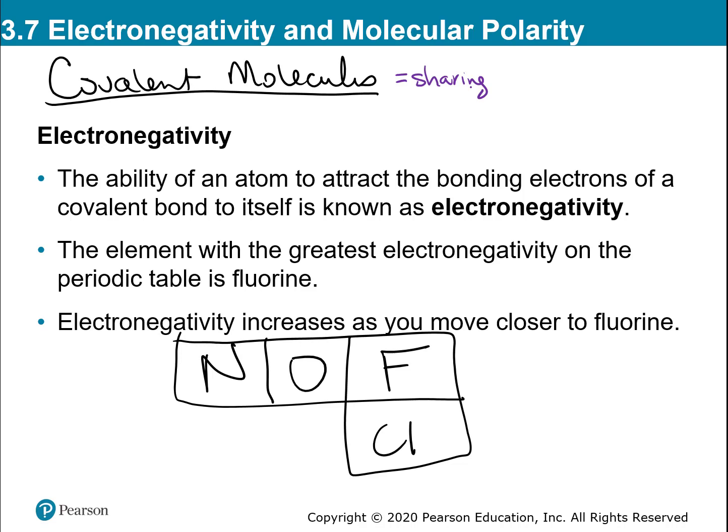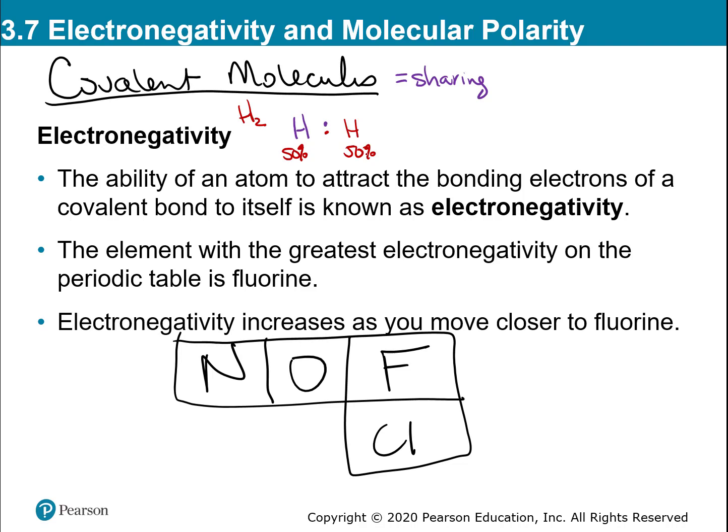If we have 2 atoms that are exactly the same, for example 2 hydrogens that make H2, a diatomic element, those 2 hydrogens are going to share those electrons exactly equally because they have the same attraction for their electrons. So 50% of the time the electrons end up with the purple hydrogen, 50% of the time they end up with the red hydrogen. They go back and forth equally.